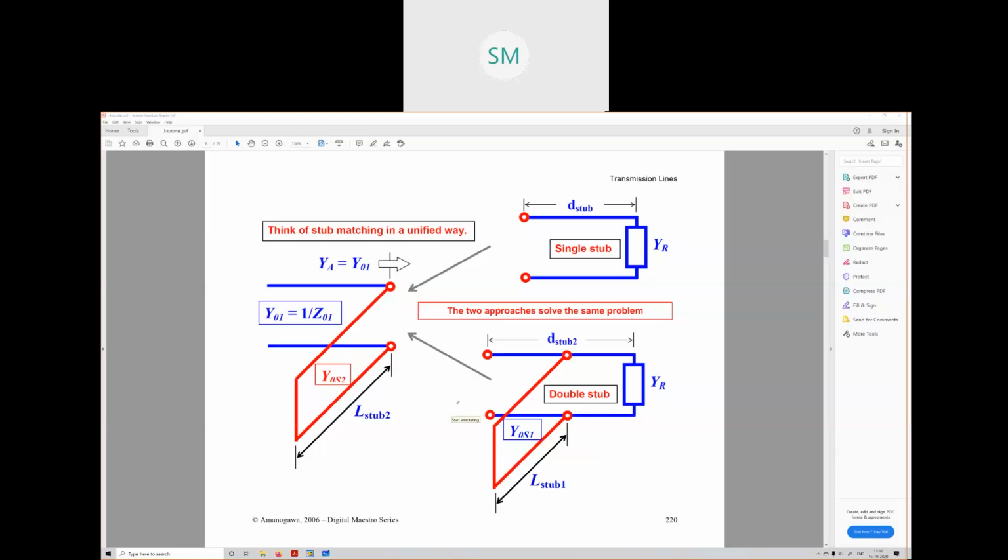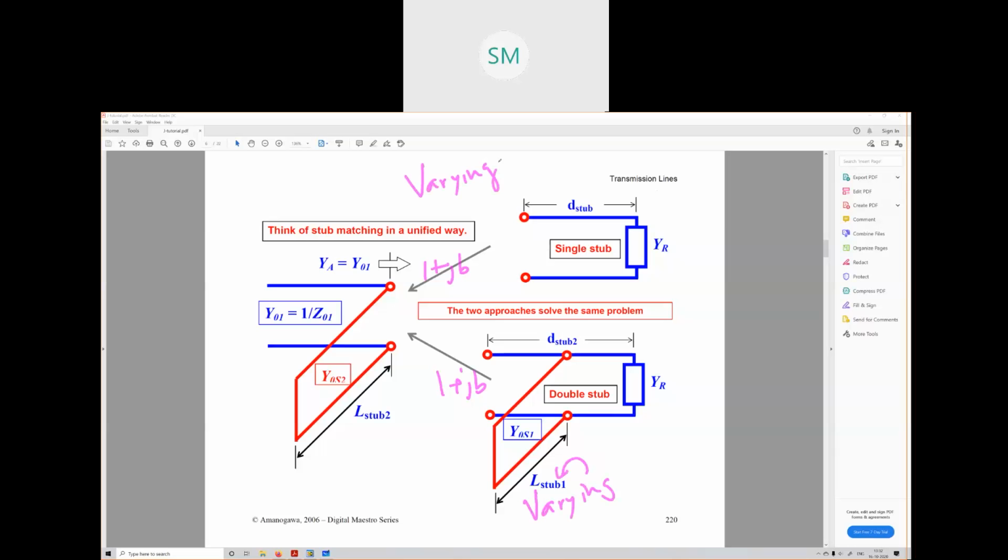So in both ways we get the point 1 plus jB. In this way also, in this way also. In this way, we get to 1 plus jB by varying this. In the single stub case, we are reaching 1 plus jB by varying what?